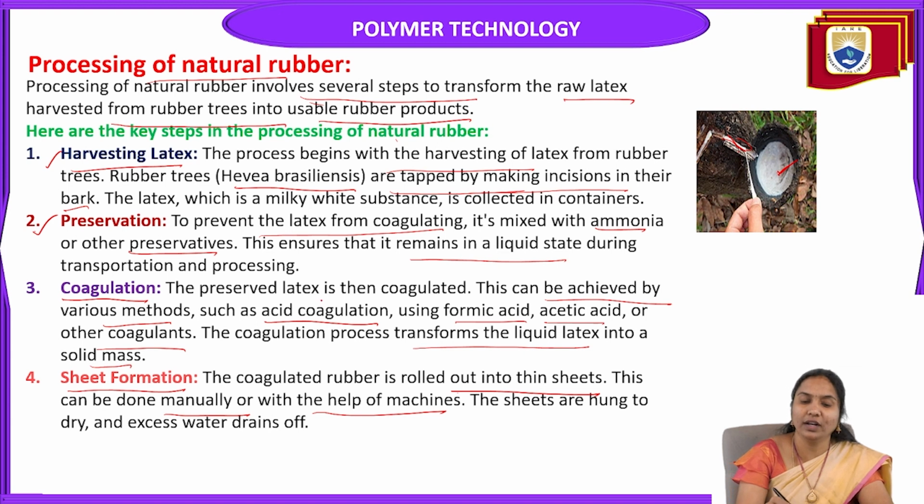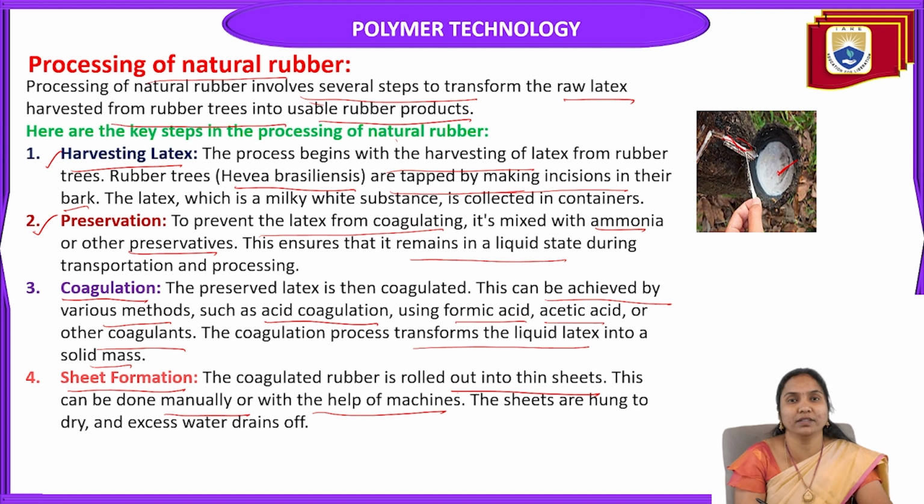So in the first step, we collect the latex from the rubber trees. When we cut the rubber tree, it produces a milky white fluid that is named latex. Second one is preservation. For that purpose we are adding chemicals like ammonia or other preservatives. And third one is coagulation.